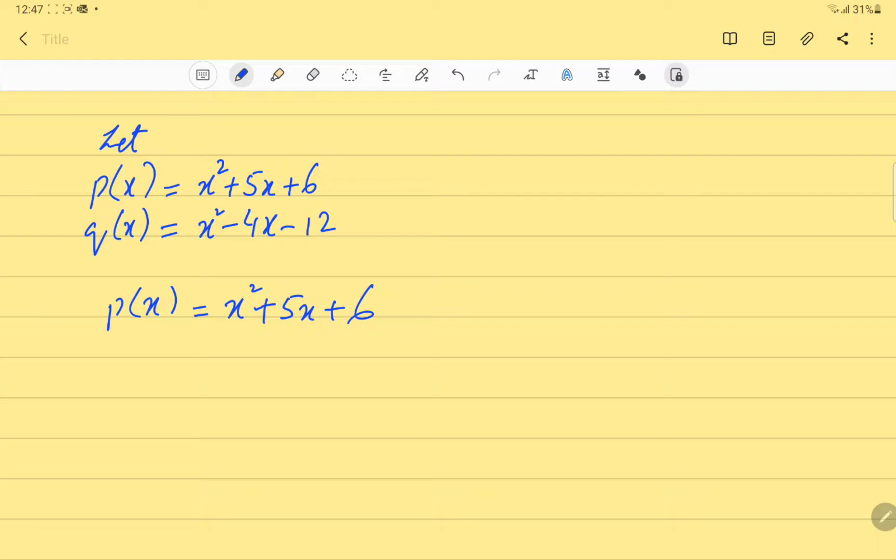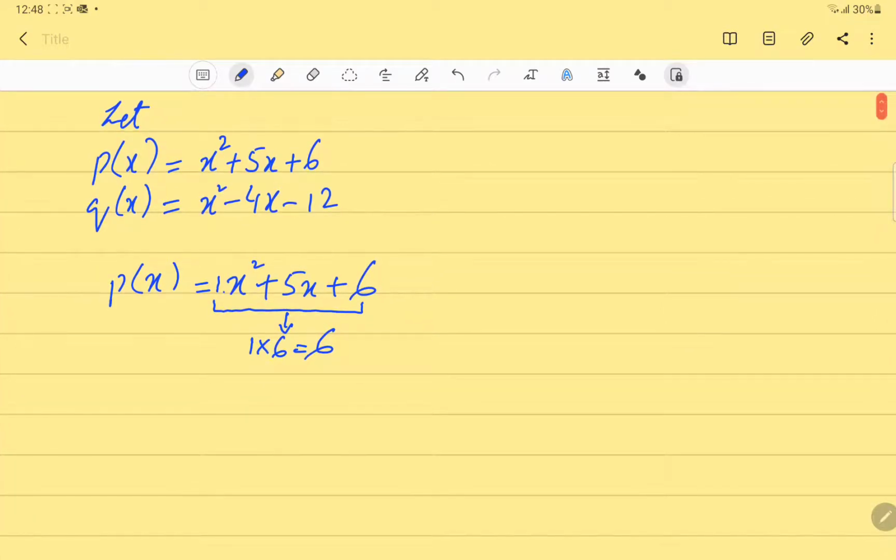This is a quadratic expression, or we can say an expression of degree 2. We will apply the same method which we have usually been applying for making factors. Since x squared does not have any coefficient, it means it is 1. So we will multiply this 1 with this 6 and we get 6. Now we will make all the possible pairs of factors for 6.